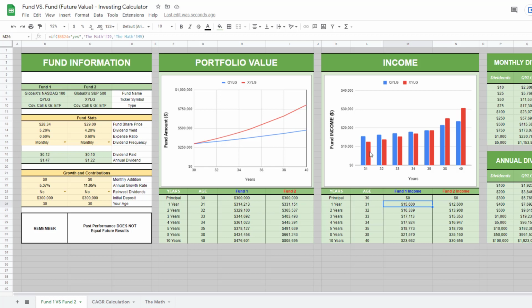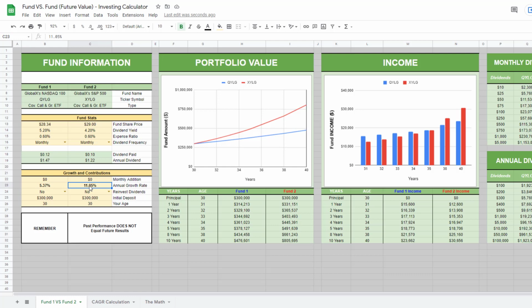And then you can see very similar due to the growth rate of XYLG at 11% compared to 5% for QYLG. Eventually, XYLG's fund price is going to continue to outperform QYLG, which would give them an advantage on a higher dividend payout, even though the dividend yield is slightly lower.